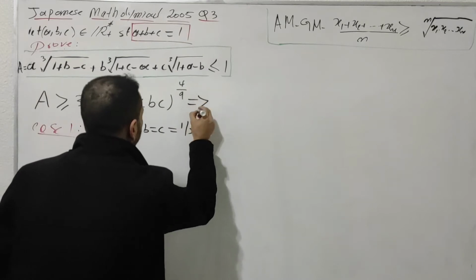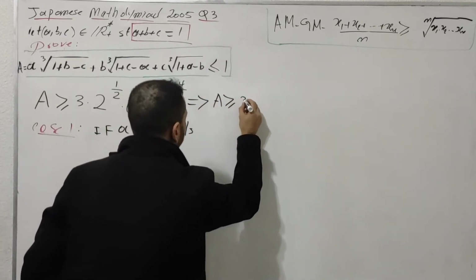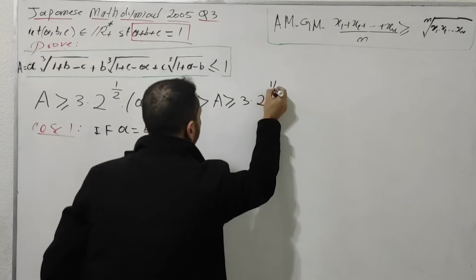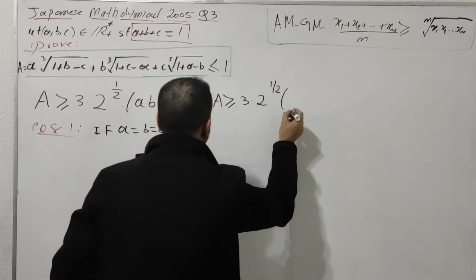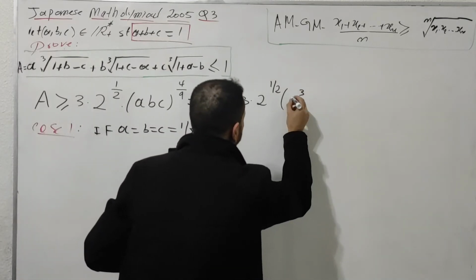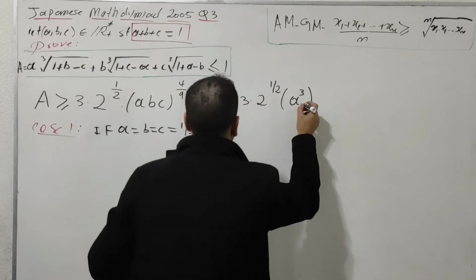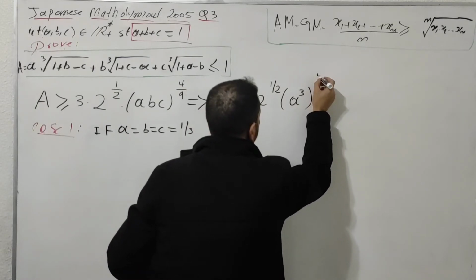This inequality becomes capital A superior or equal to 3 multiplied by 2 to the 1 over 2 multiplied by this product ABC, which becomes A cubed because we are taking equality here, and this one is raised to the 4 over 9.